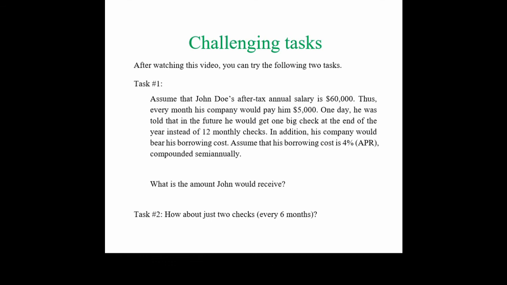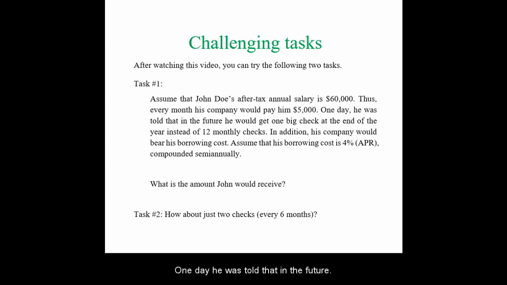Challenging task. After watching this video, you can try the following two hands-on exercises. Number 1, assume that John Doe's after-tax annual salary is $60,000. Every month, his company pays him $5,000.